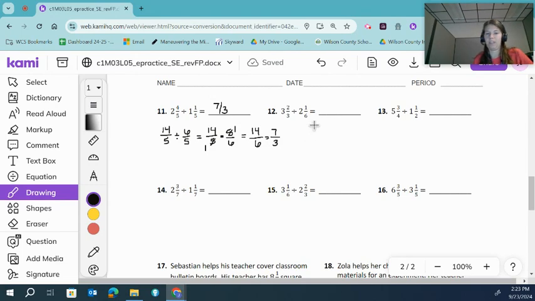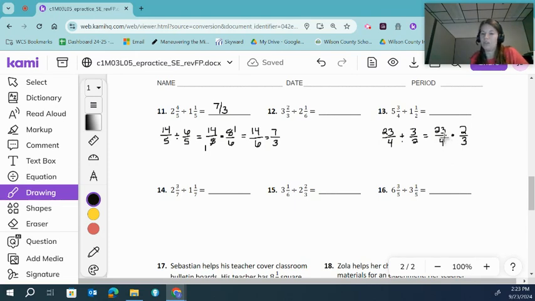Okay, and let's try one more together. 5 and 3/4 divided by 1 and 1/2. So 5 times 4 is 20, plus 3, we get 23 over 4, divided by 1 times 2 is 2, plus 1 is 3 over 2. I'm going to multiply by the reciprocal, 23/4 times 2/3.